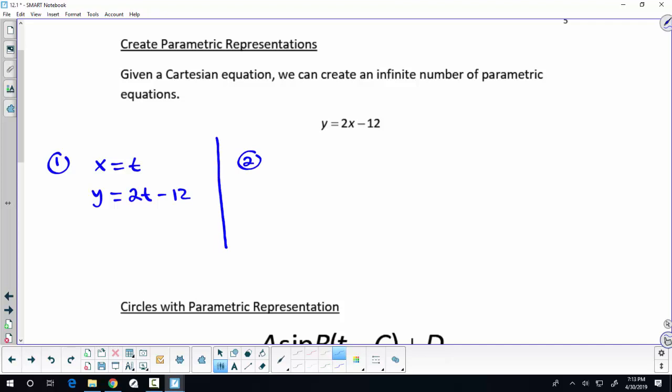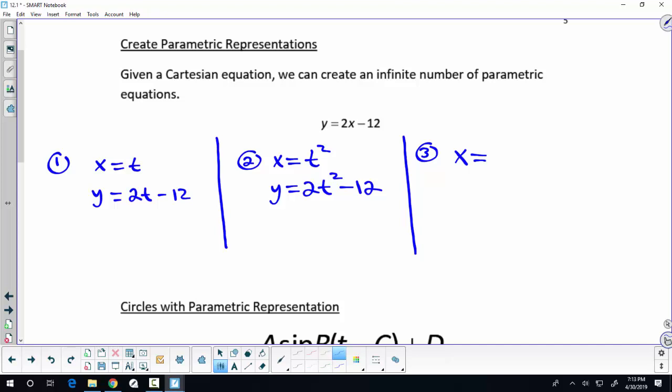I guess some other ones we could continue in the same vein. If x is t squared, then we would let y equal 2t squared minus 12. That's also the line 2x minus 12. Maybe a third one.